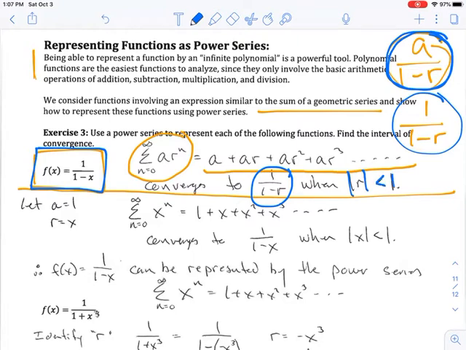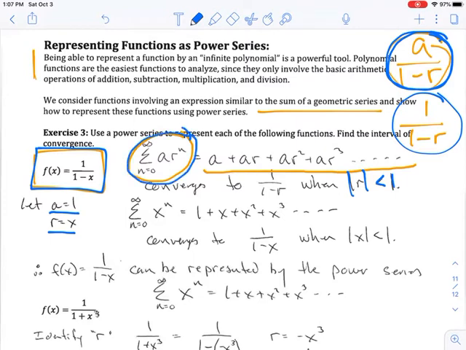So here's what we're going to do. We are going to let a be equal to 1 and let r be equal to x. And when we do that, we're going to go back to our geometric series and replace a with 1 and r with x. And we get something that looks like this. The summation from n equals 0 to infinity of x to the n. And that is our infinite series.